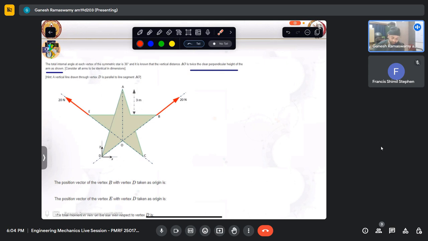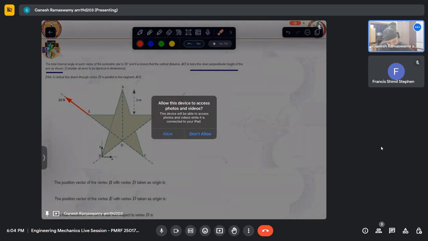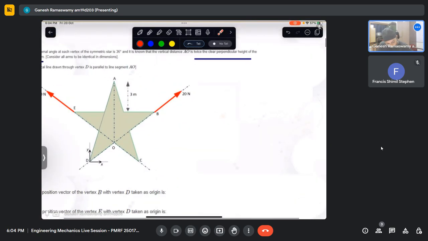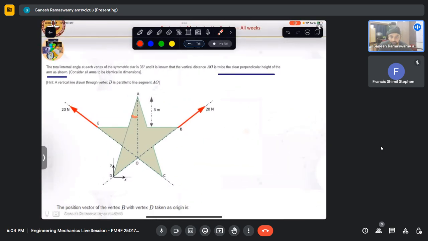And then we have been told that the internal angle is 36 degrees and the star is symmetric. In that case, half of the angle is 18 degrees, so this will be 18 degrees and this will be 18 degrees as well. We have been told that this AO is basically twice this height, so this AO is nothing but 6 meters.